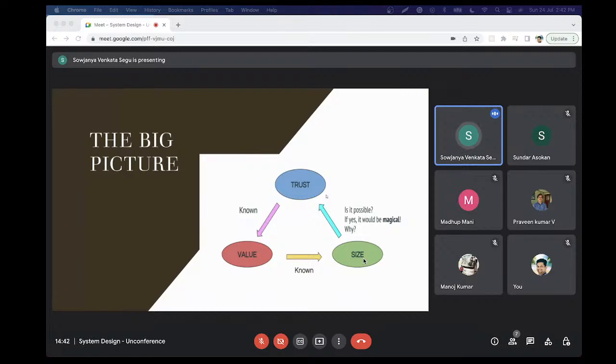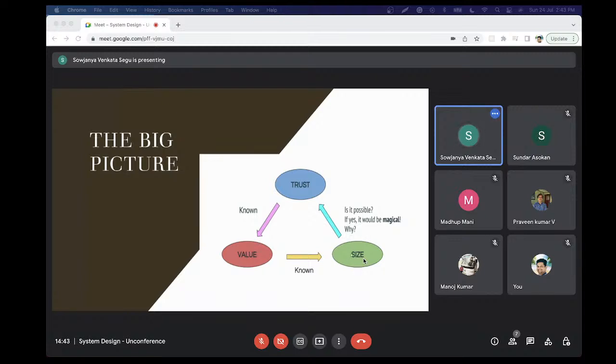Here is the big picture. When we have trust, the value is known. And when the value is known, it is accepted by the majority of the people. But can we do the reverse of this?